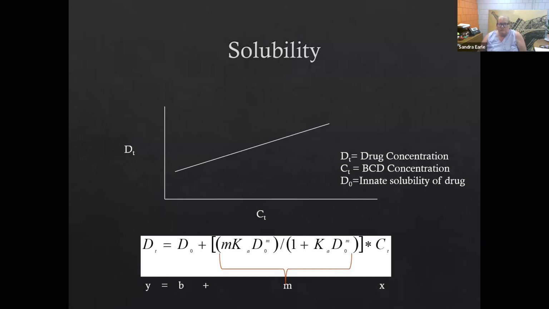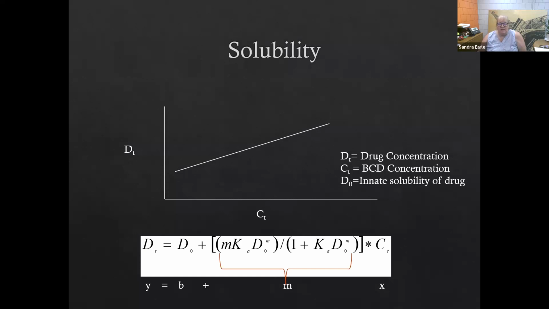And then the slope of the line here is this whole mess here, which is a relationship between the affinity constant and the innate solubility and another constant. So this is the slope of the line, which doesn't really tell us much because it's this big mess.